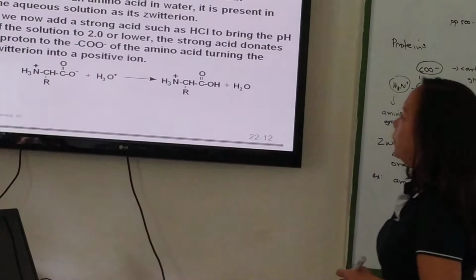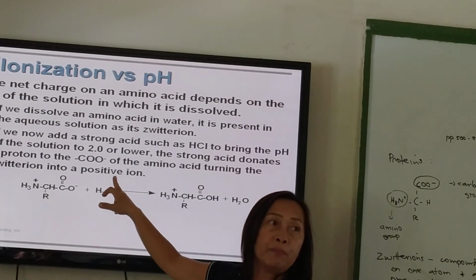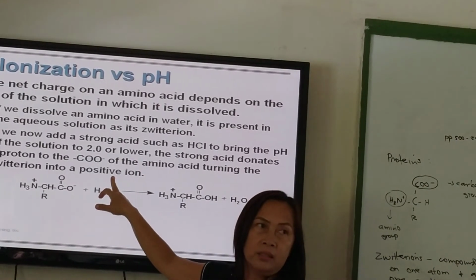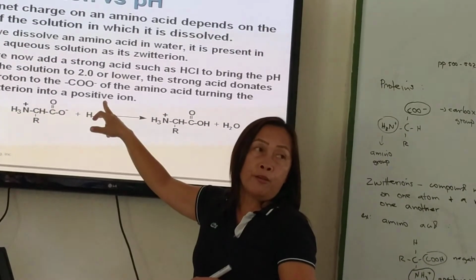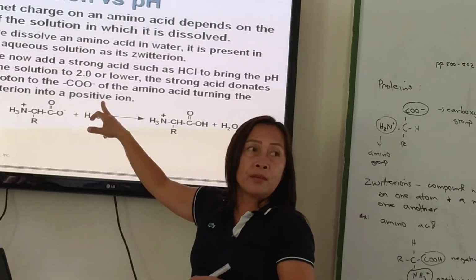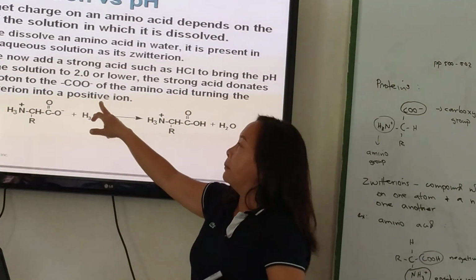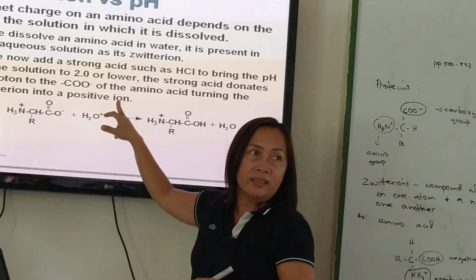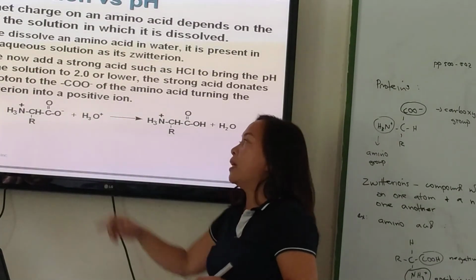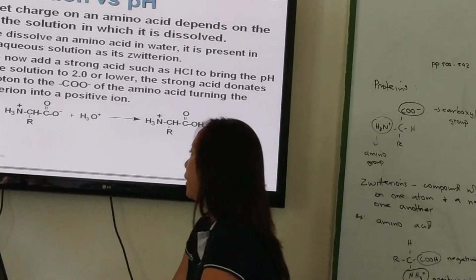So, positive ion. So, the charge of our amino acid is positive. If you are asked what is the charge of our amino acid if hydrochloric acid is added, the charge will become positive 1. So it becomes positive. Okay? Positive ion.